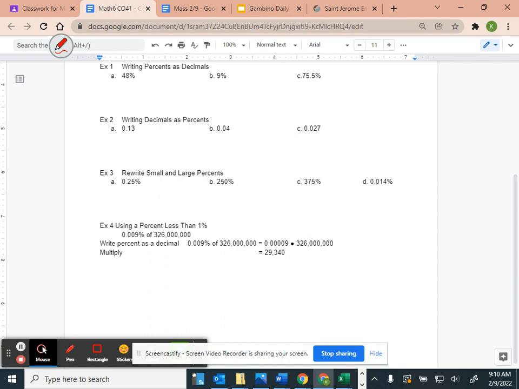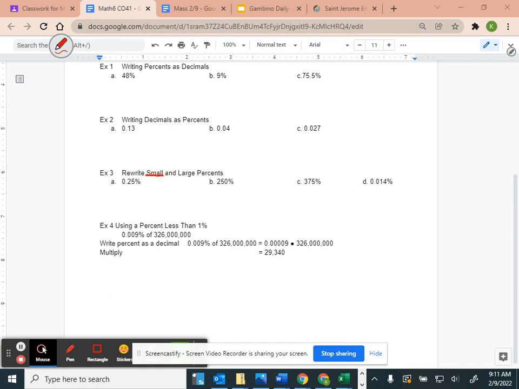It is 0.25%. So how would I write that as a decimal? I'm not going to just take the percent sign off. I have to move my decimal point. So this is rewriting small and large percents. So our decimal, is it going to be big or small? It's going to be really small.